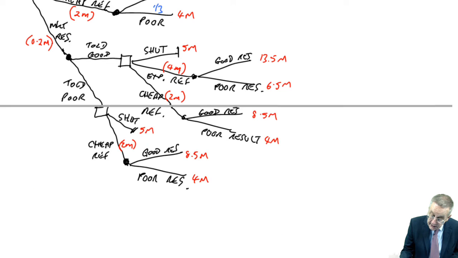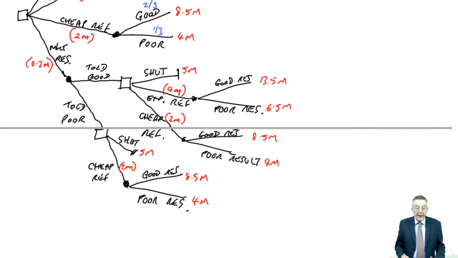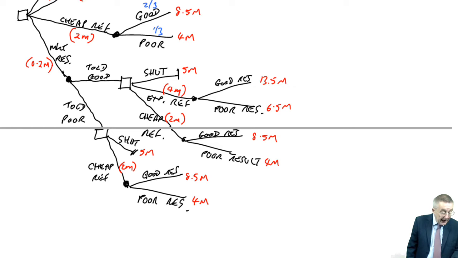What about if we do market research? Market research, remember, we have to wait until we hear what they say, good or poor, and then we'll make the decision. So what's the probability they tell us it'll be good? Independent companies offer to undertake market research. The research will cost 200.